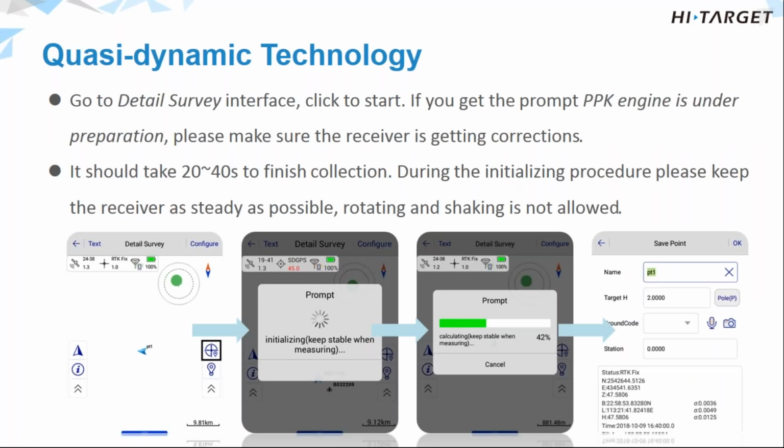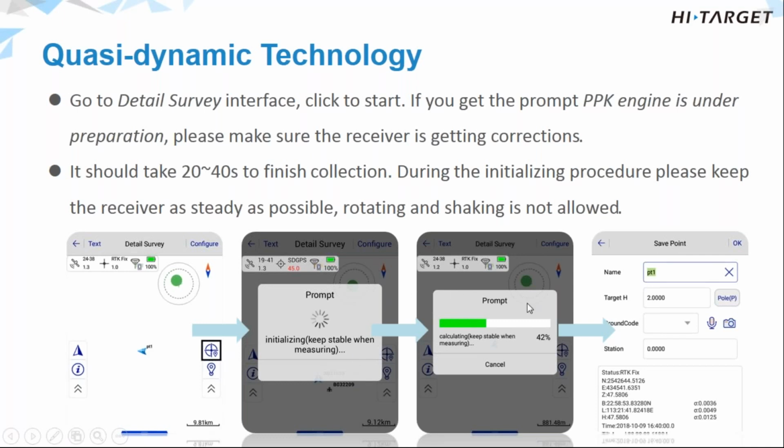If you make sure you open this option and have the correction data, then you can go to the detailed survey interface and click to start. In the first picture, if you open this Quasi-dynamic technology survey, there will be one button, and you can click this button to start the Quasi-dynamic survey.